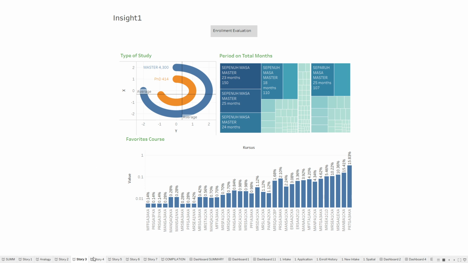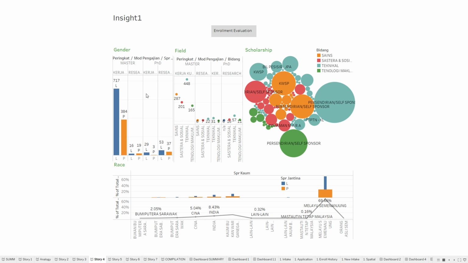We go to the next, story 4. On gender, we can say that male is approximately double the female. It's only for research that they are somewhat the same. In the field, coursework is the most, in the technical side that interests the students.